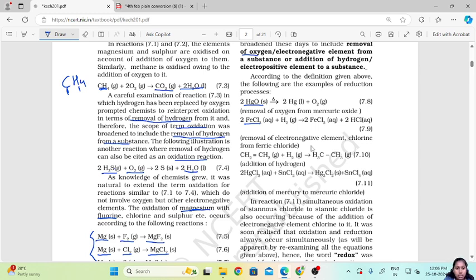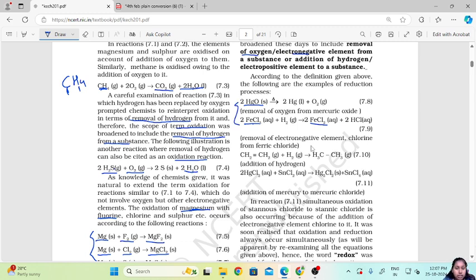Here from this FeCl3, one chlorine is removed and combined with hydrogen. So from FeCl3 it has become FeCl2. Since Cl is an electronegative element, it is removal of electronegative element, that is chlorine from ferric chloride. So again, removal of oxygen and removal of electronegative element as per definition are both done.